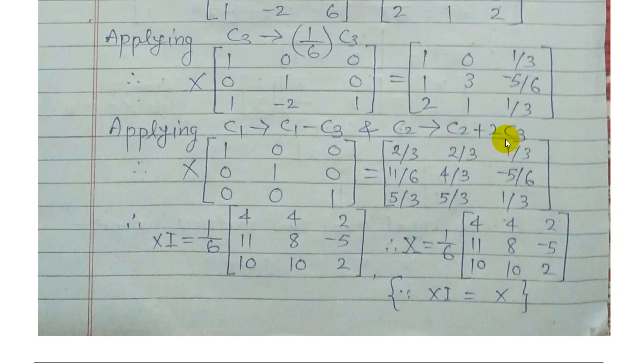3 minus 10 by 6 here. This is 3 minus 10 by 6. C2 plus 2 times C3.